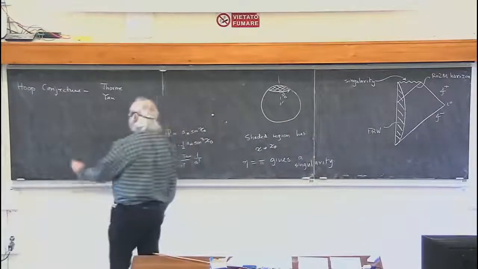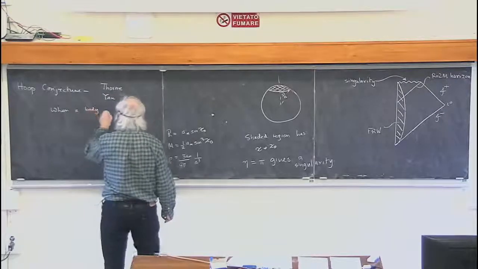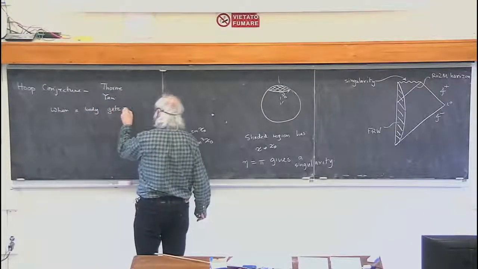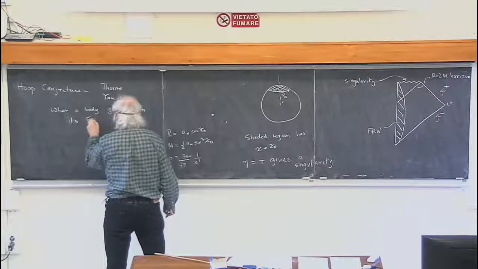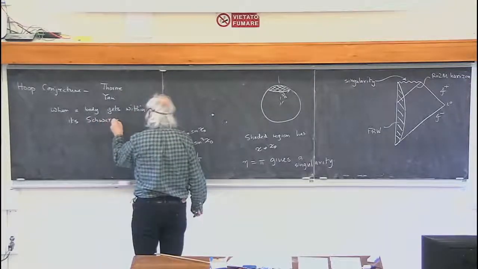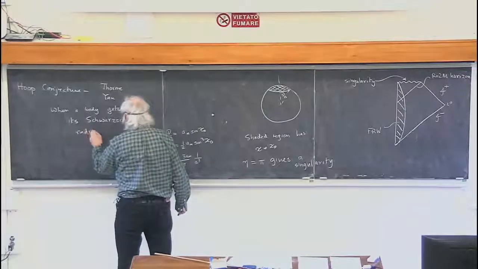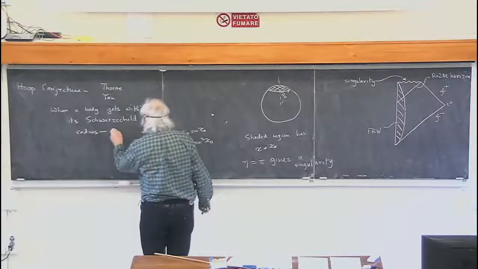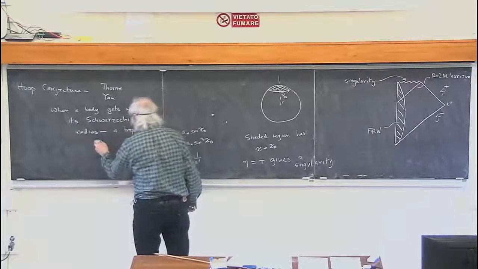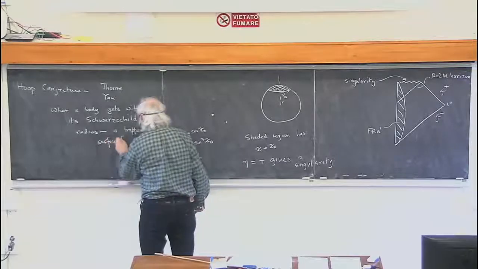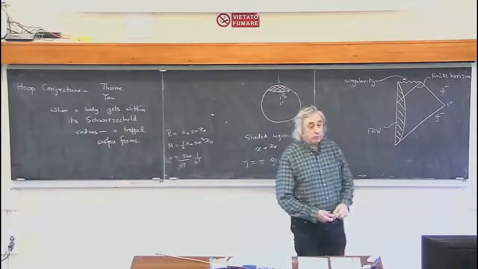It basically says when a body gets within its Schwarzschild radius, a trapped surface forms. A trapped surface is the surface from which you cannot escape.